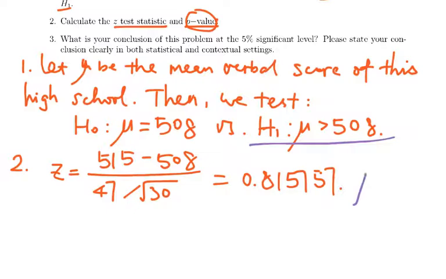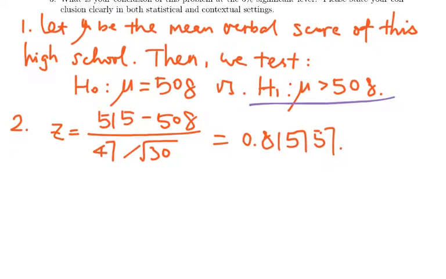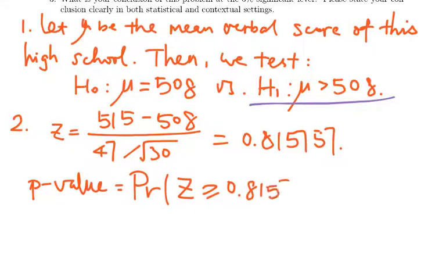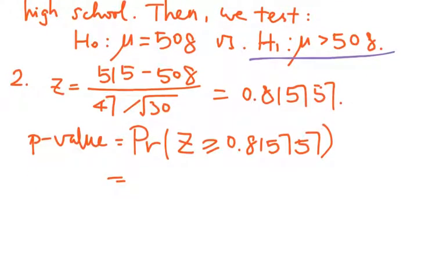So the p-value is equal to the probability that z is greater than or equal to 0.815757. If you look at the table or use a calculator, this is equal to 0.2073. Alright, this is the second part.